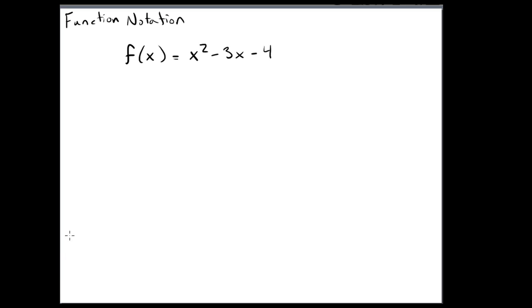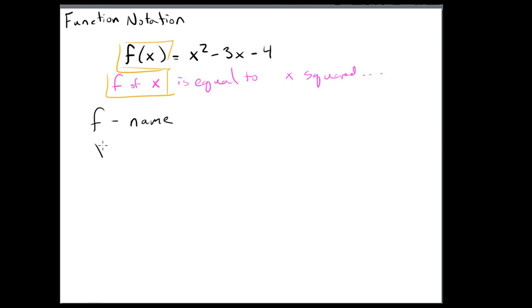So, what's function notation? For function notation, we have f of x is equal to x squared minus 3x minus 4, or whatever. But it's this right here that is f of x. f is the name of my function. x is the input of the function.